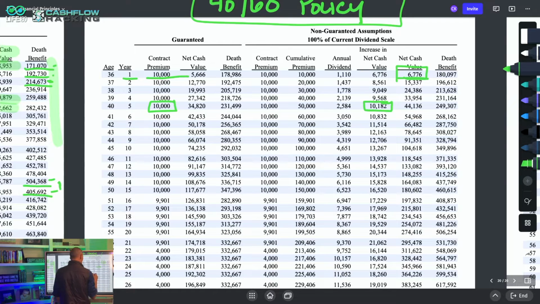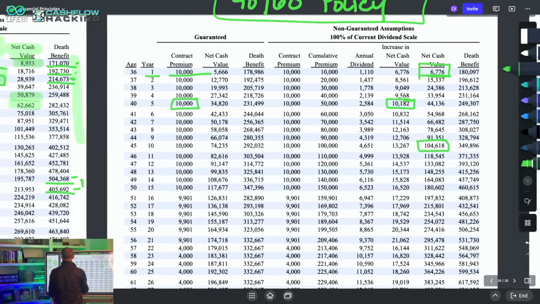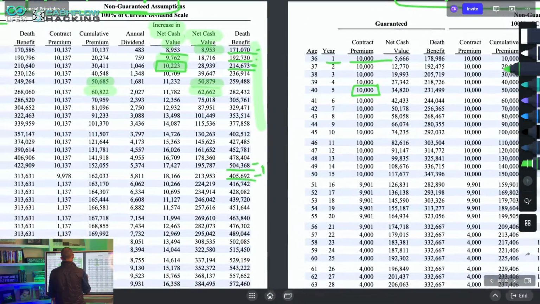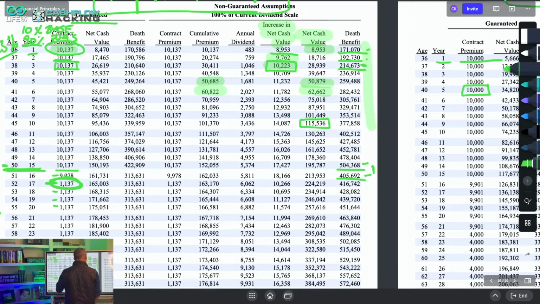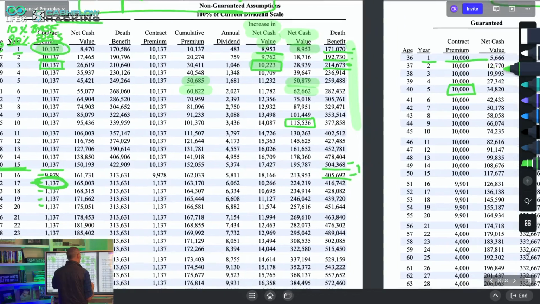But here's where it gets interesting. In year 10, we've got $104,000 of cash value in the 40/60 policy. And in year 10, in the 1090 policy, we're ahead. We've got about 115. So that's not a small number, right?